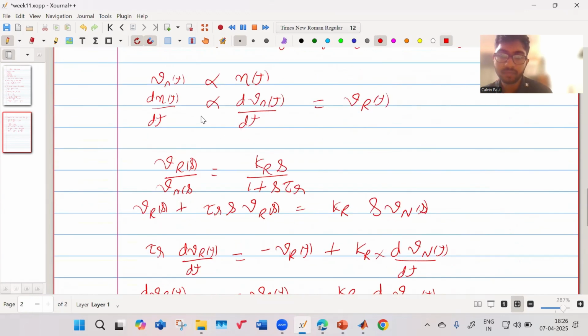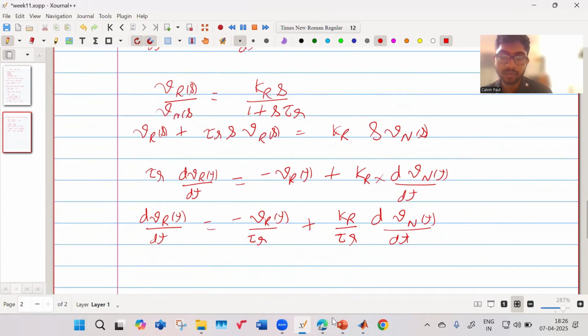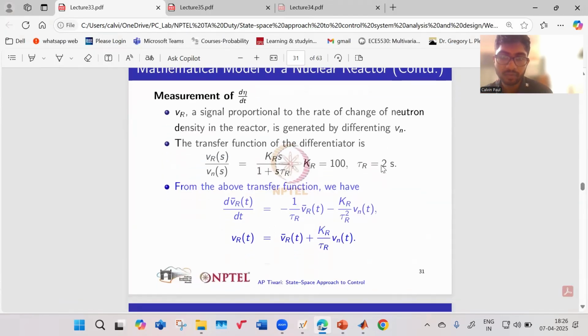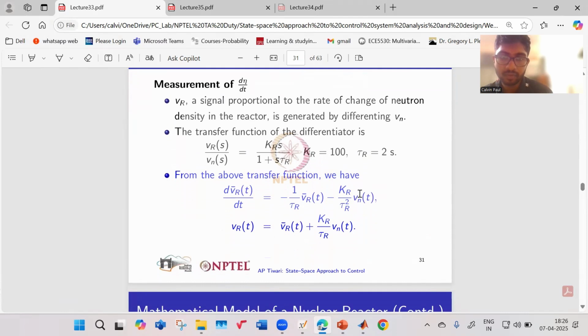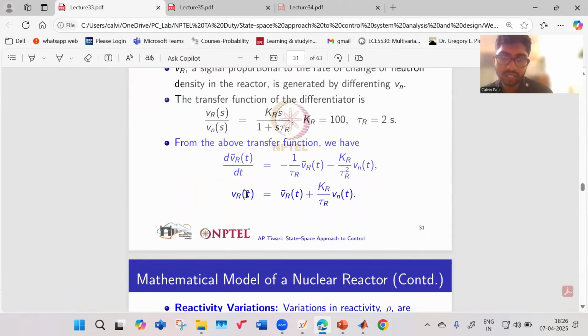Okay. Now this Vr of t is replaced by Vr bar of t plus Kr upon tau r into Vn of t.